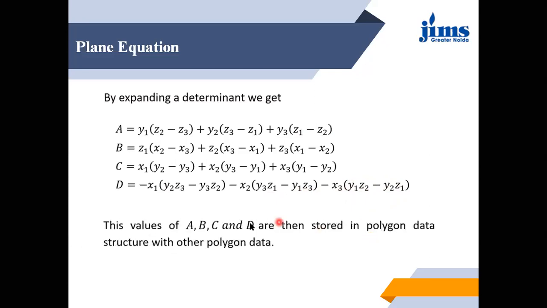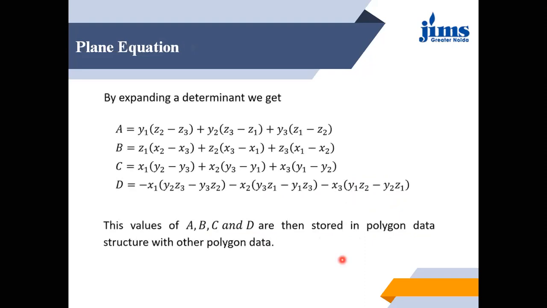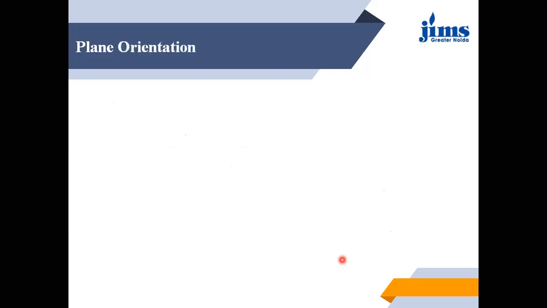So the values of A, B, C and D are then stored in the polygon data structure with other polygon data. So this was the representation of a polygon using plane equations.